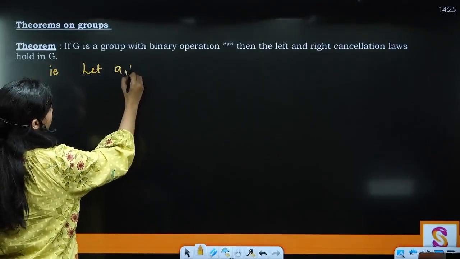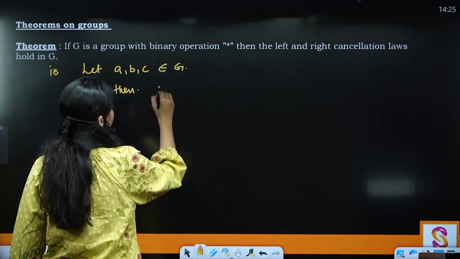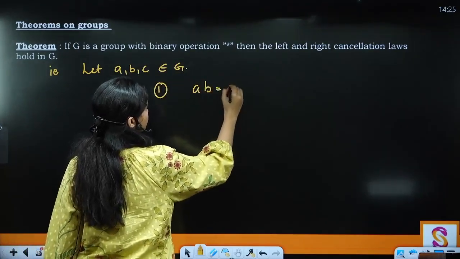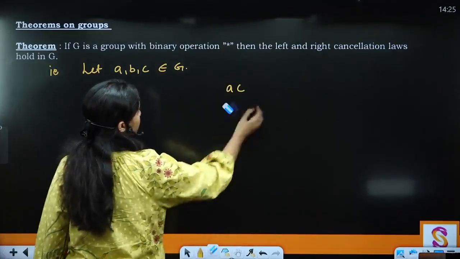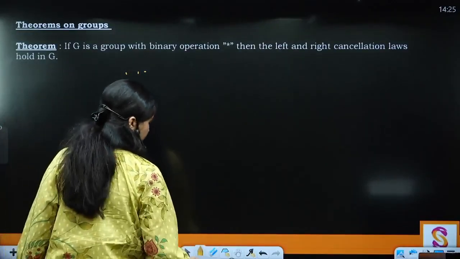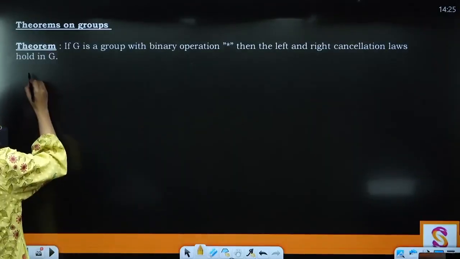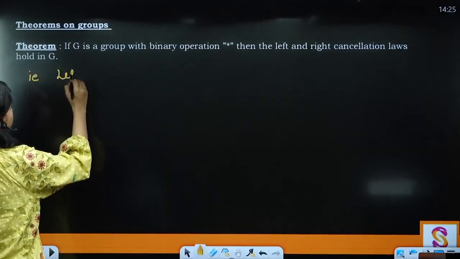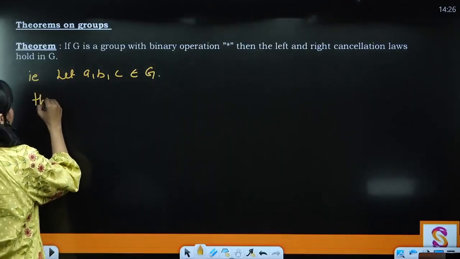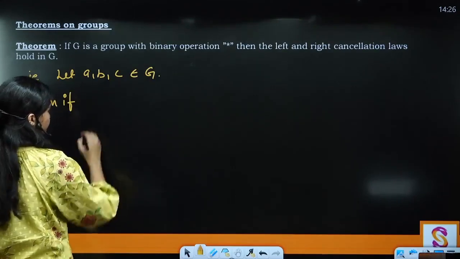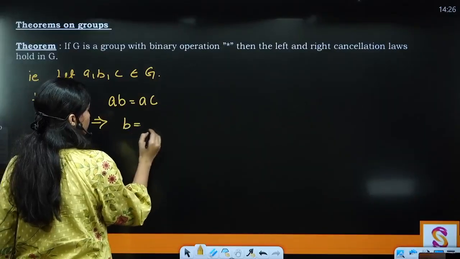Let a, b, c belong to G. Then if ab equals ac, this implies that b equals c.